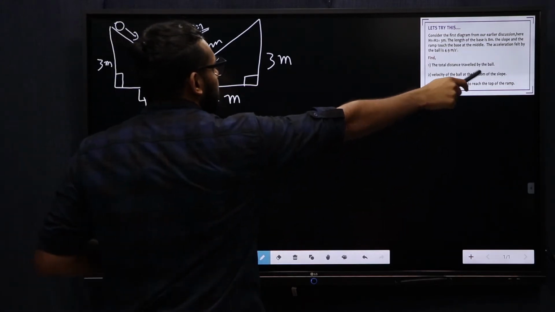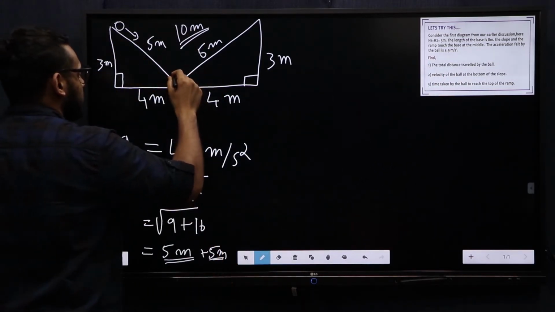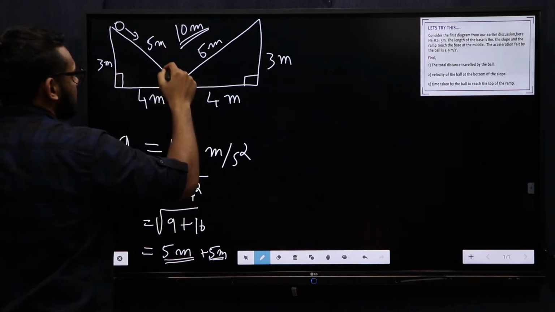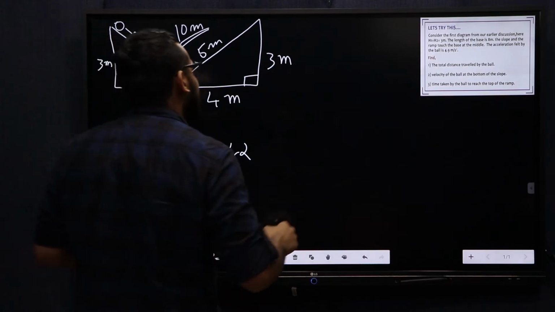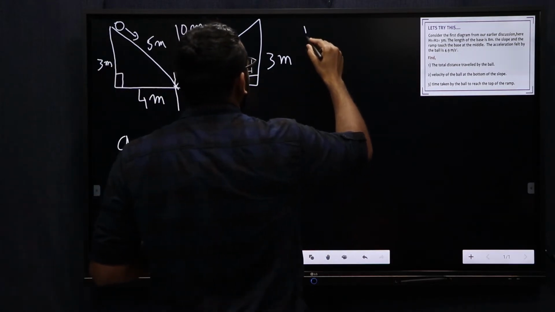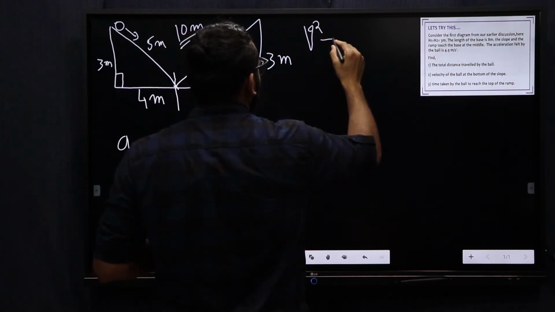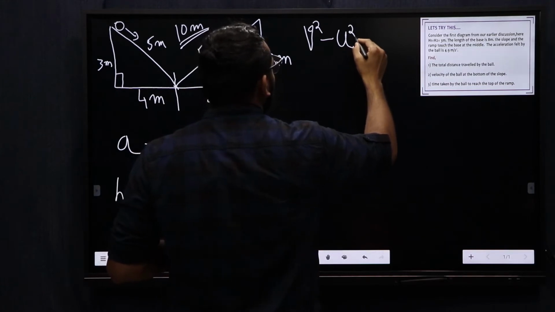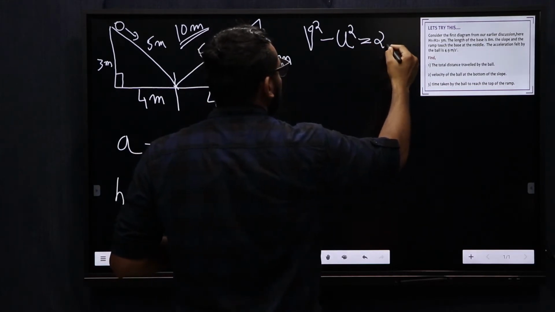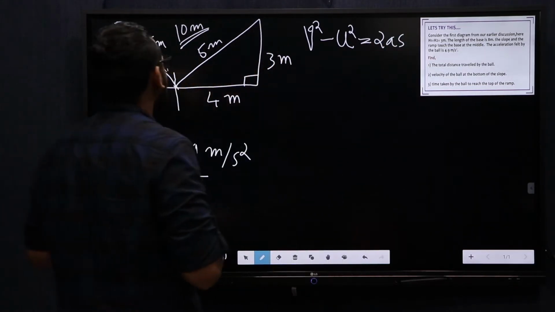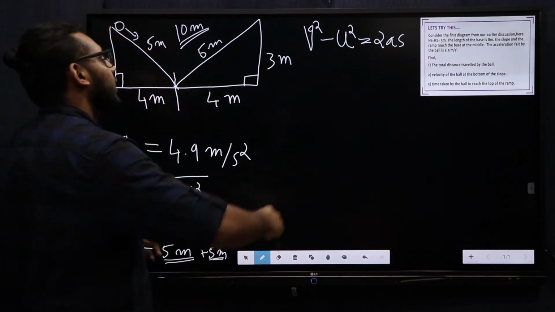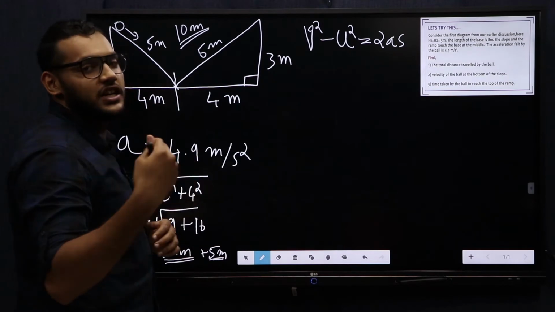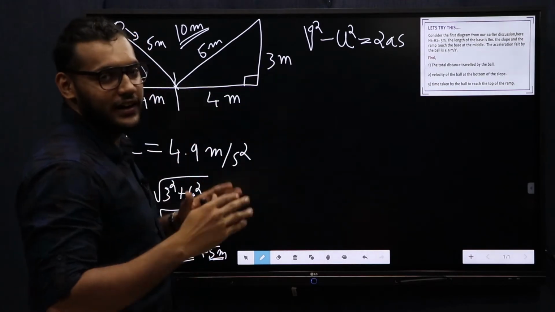That is, what is the velocity of the ball at the bottom of the slope? So, if we draw a line here, when this ball reaches its bottom, what is the velocity? Now, in an earlier class, we learned that v square minus u square equals 2as. Now, s is the distance, a is the acceleration, u is the initial velocity, and v is the final velocity.